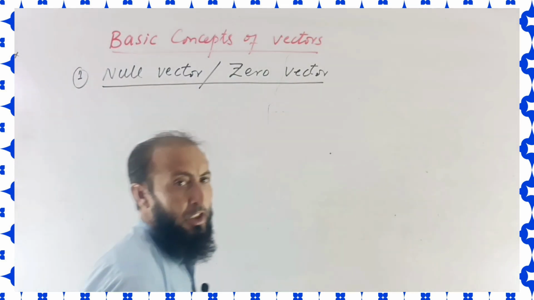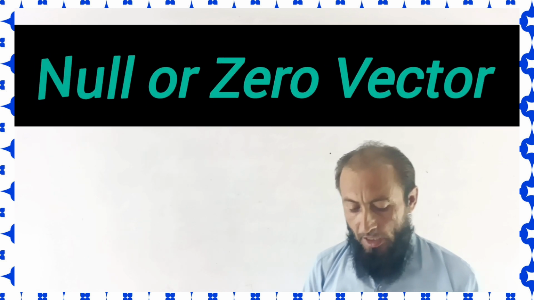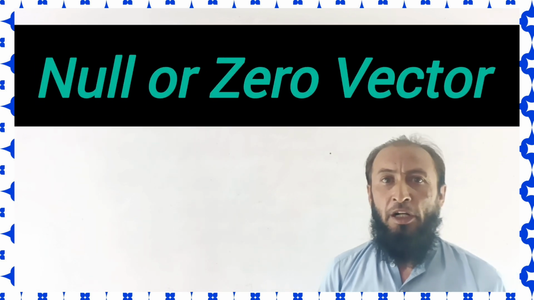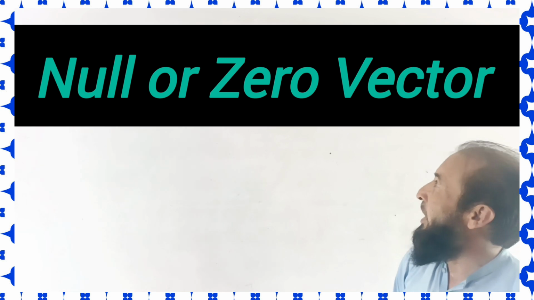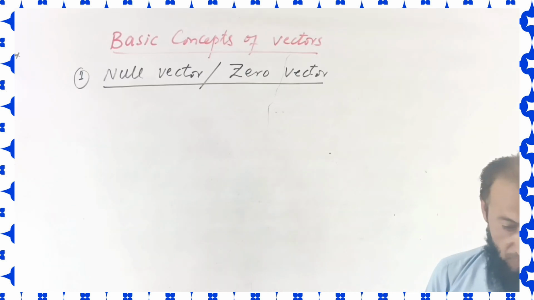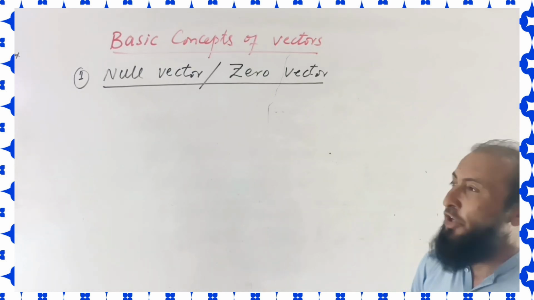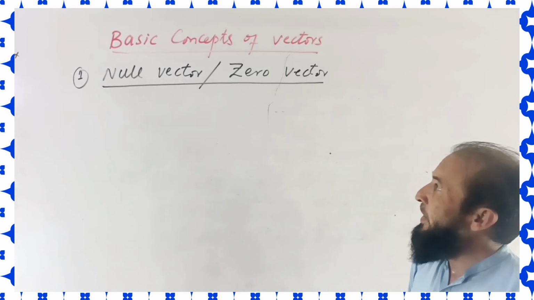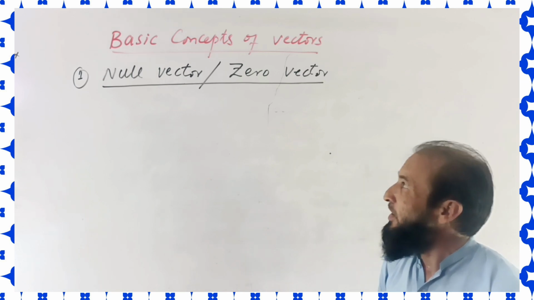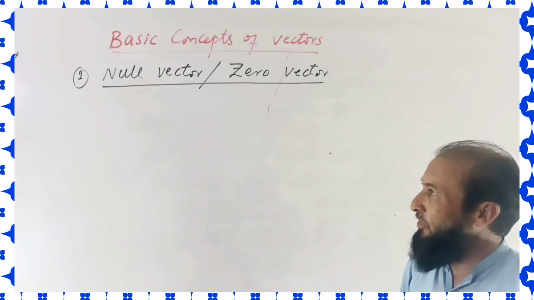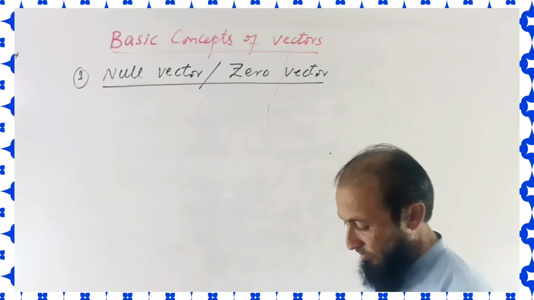Those vectors which have no magnitude but arbitrary direction are called null vector or zero vector. We can say that a vector whose initial point and terminal point coincide with each other is called a null vector or zero vector. So we write the definition.